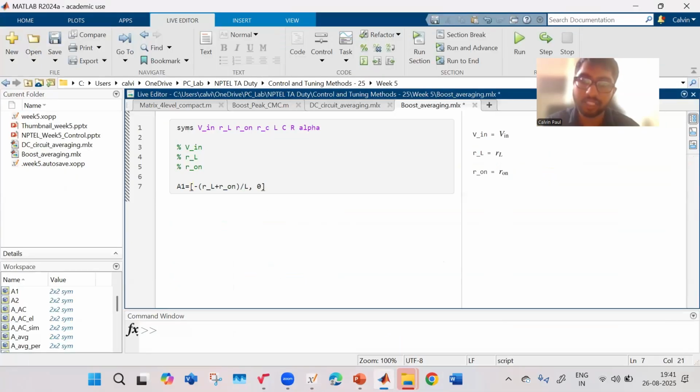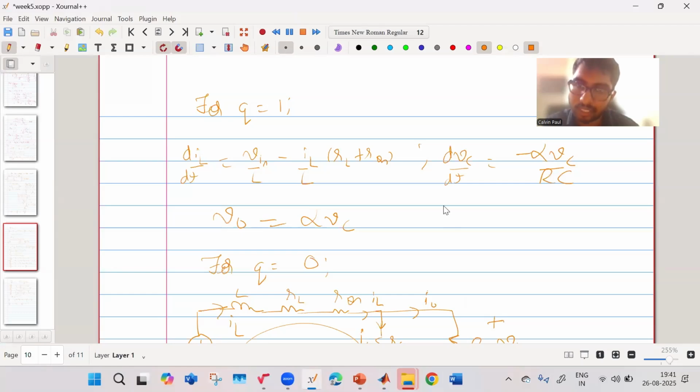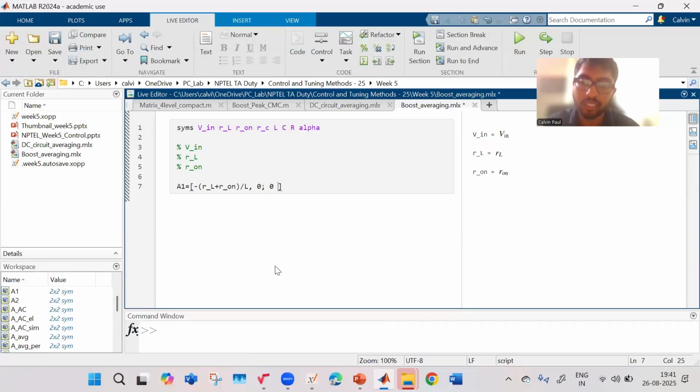Next is 0. Next we go to the next row. dVc by dt is not dependent on IL, so again that is 0. This is minus alpha by R into C.